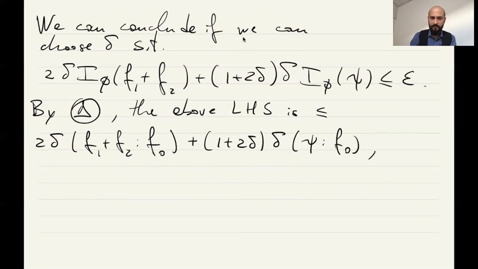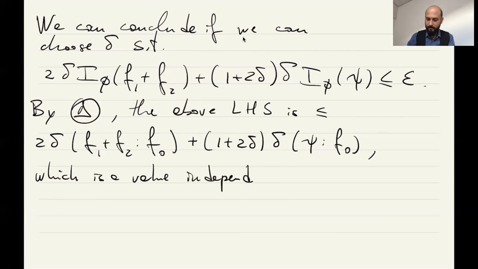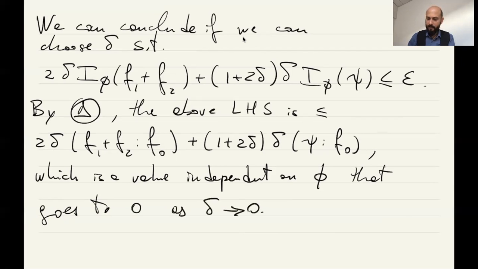And now we have to understand that this is a value that, fixing f1, f2, f0, of course, and psi, goes to 0 when delta goes to 0. So it is a value independent of phi that goes to 0 as delta goes to 0. And this concludes the proof of the lemma.